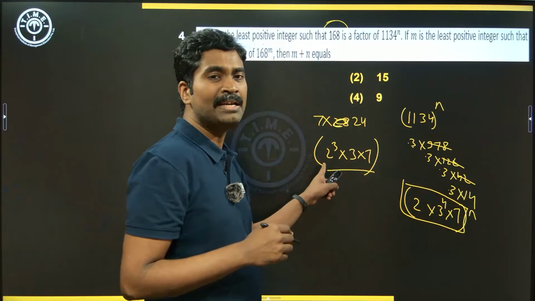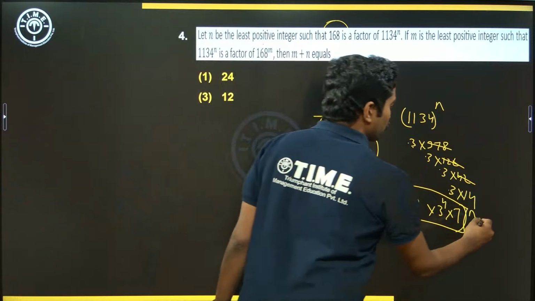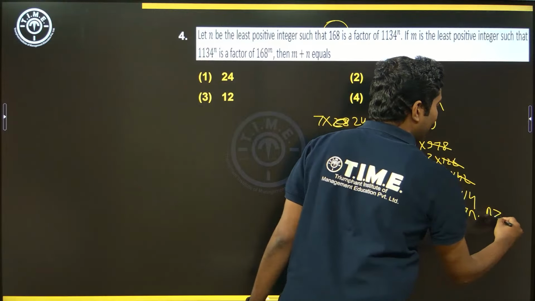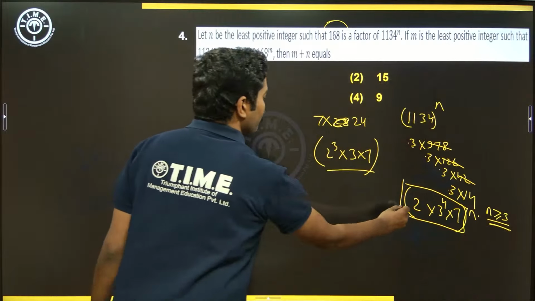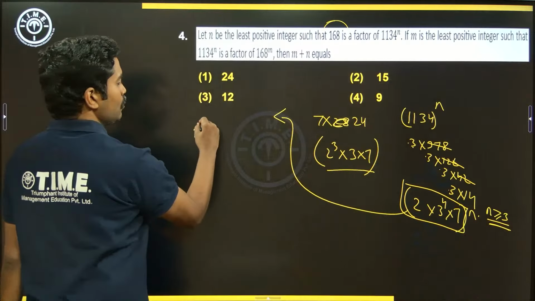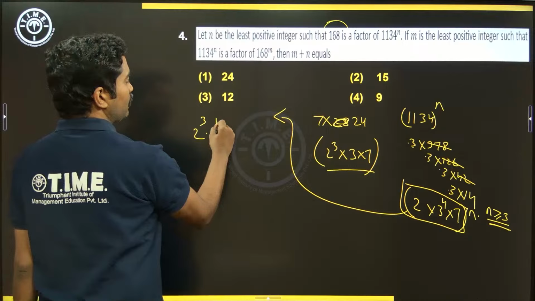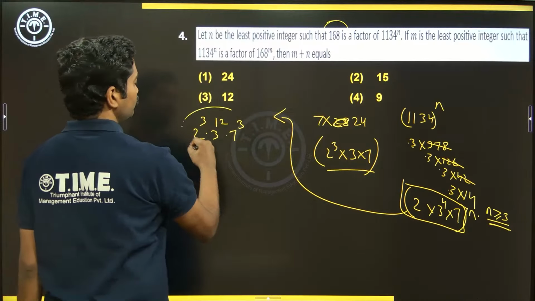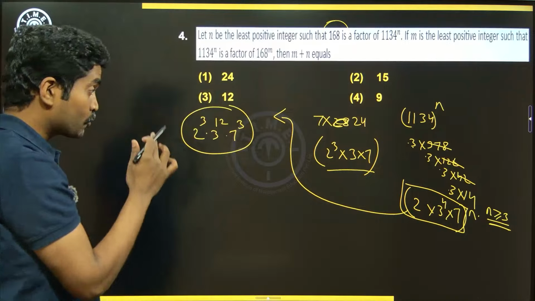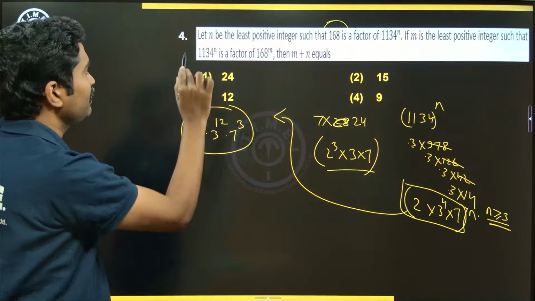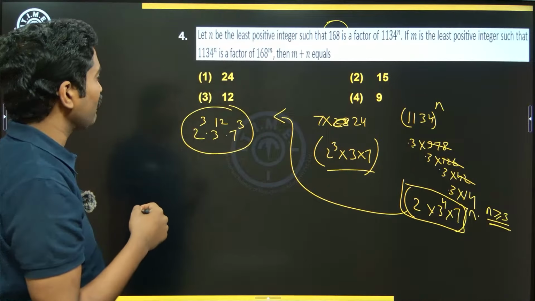But I need at least 3 2's, which means n should be at least 3, right? In which case this number becomes 2 cube into 3 power 12 into 7 cube. This is the smallest value of n, 3, where 168 is a factor of 1134 whole power n.